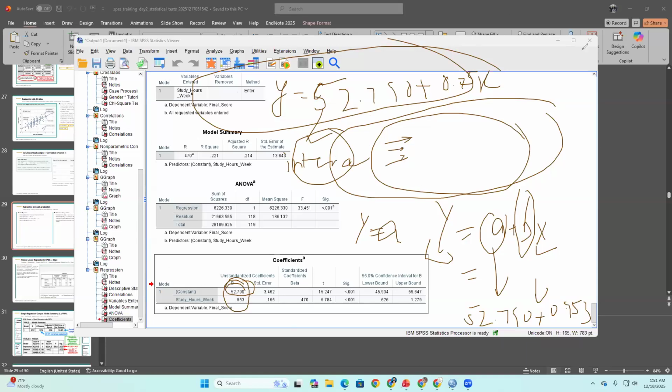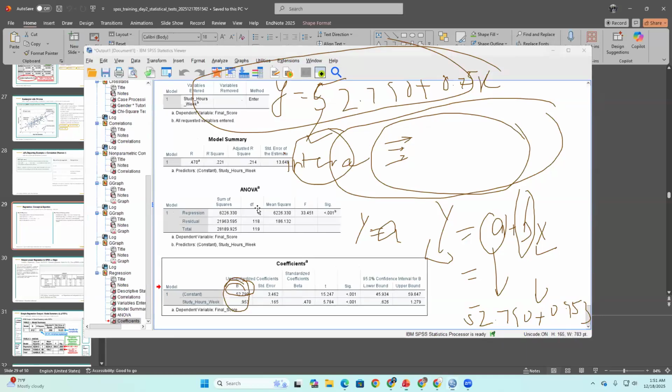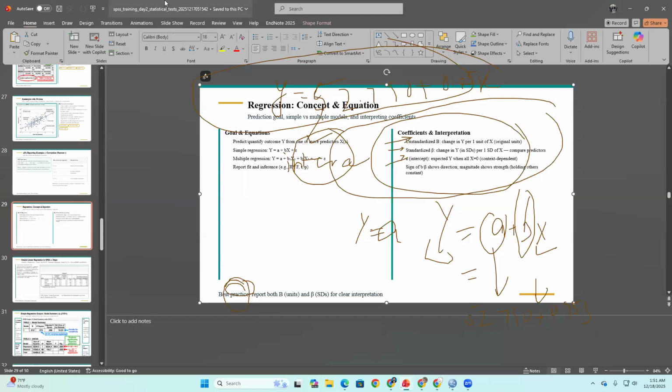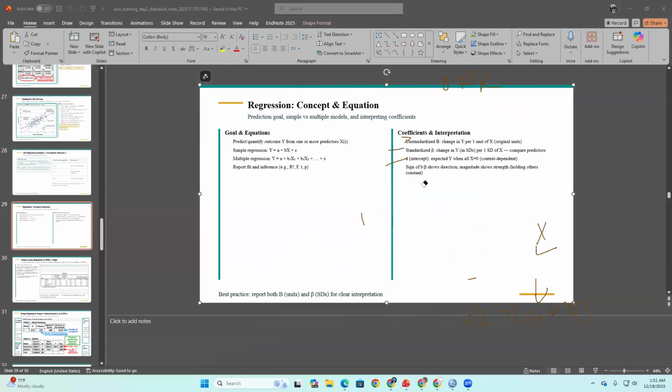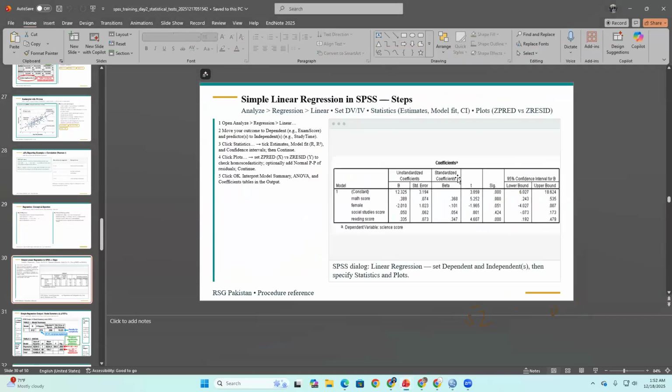Let me show you in the slides to make it easy. Most of them are not getting the point, they are asking for a repeat. Okay, let me show you in a simple way. This is your simple linear regression.